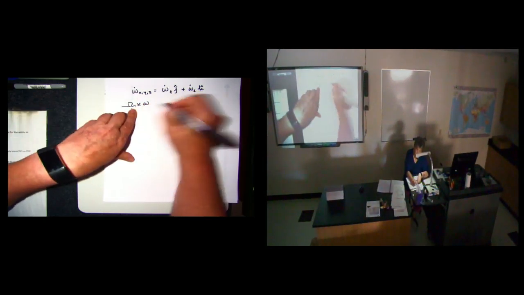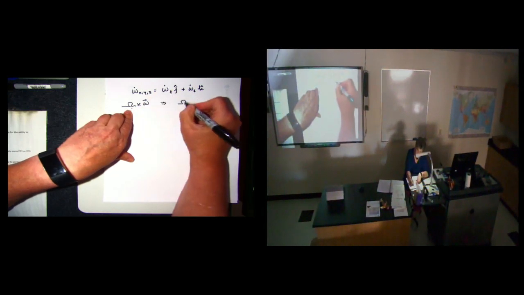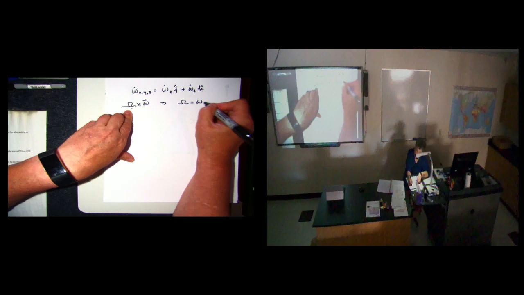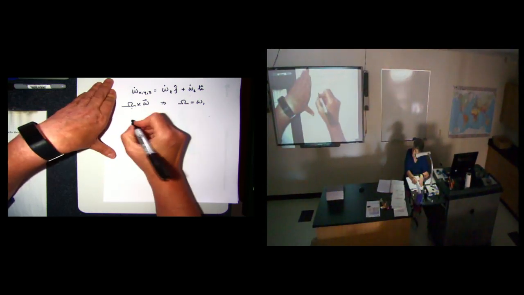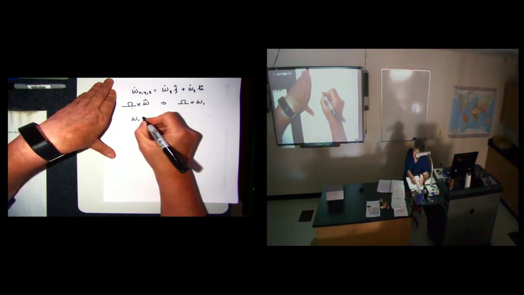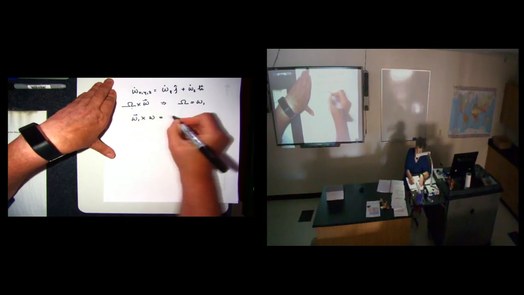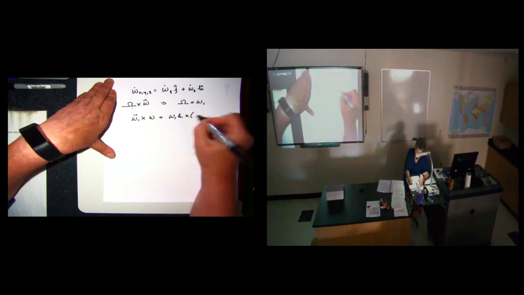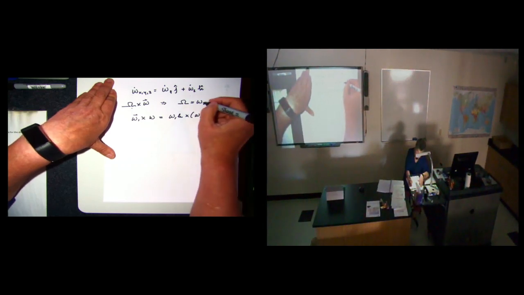And it turns out that for this system, this is just omega 1. So now I have omega 1 cross with omega, and that's going to be omega 1 K cross product omega 1, no, sorry, that's actually omega 2.